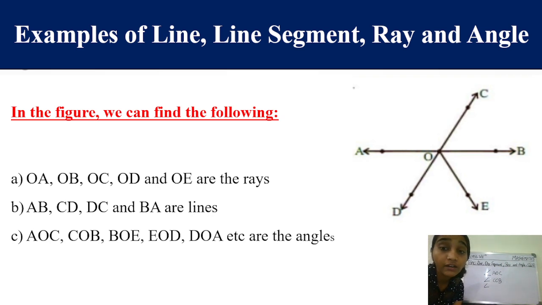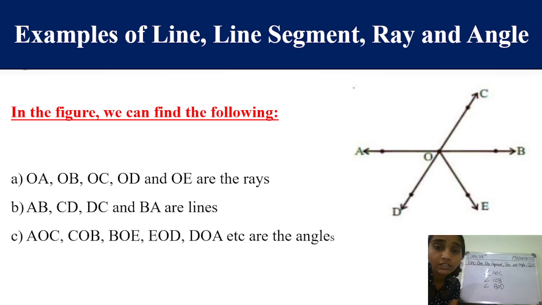Yes, we can see BOD. Is BOD written over here among the five angles which they are telling us? No. But students, we can say that BOD is also an angle, right? If we hide the OE ray, we can see BOD is also forming an angle.